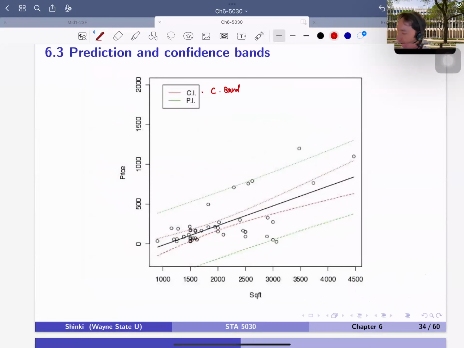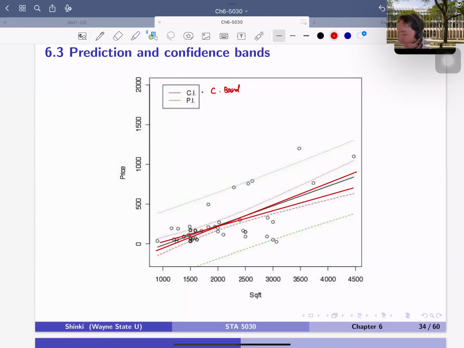So that means basically the fitted line is within this band with 95% probability in this case. The fitted line changes a little bit if we take a different sample of observations.